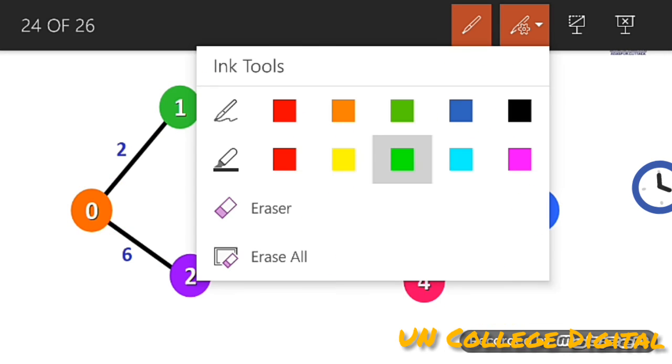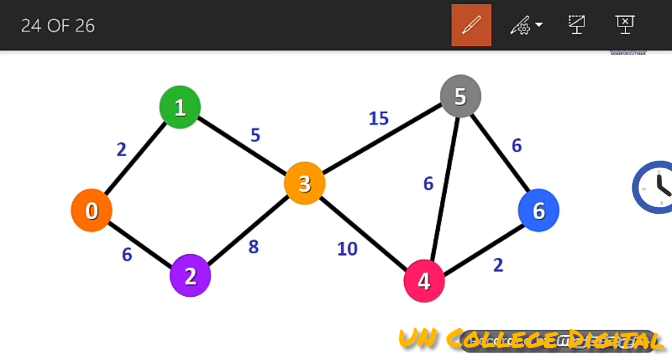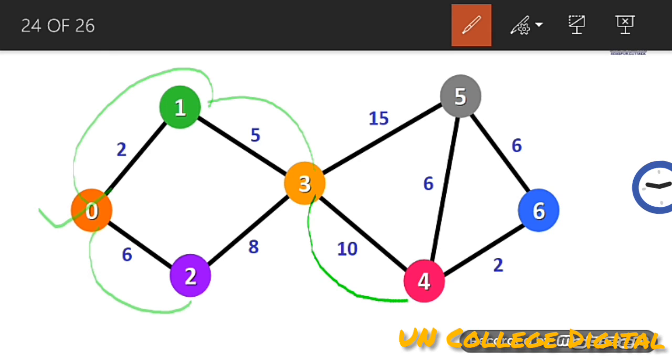Let me draw the tree by using the green. Yes, we have selected 0, then from 0 we are here, then we need to select 1 to 3, then after that we have selected 0 to 2, then after that we have selected 0 to 4, then after that we have selected 0 to 6, then from 6 to 5.